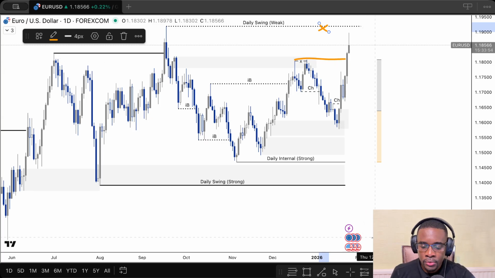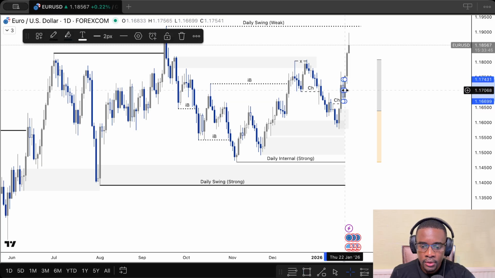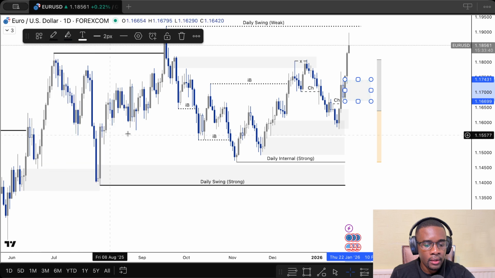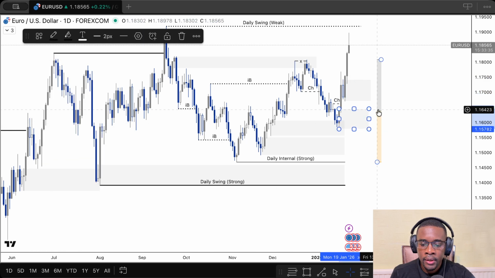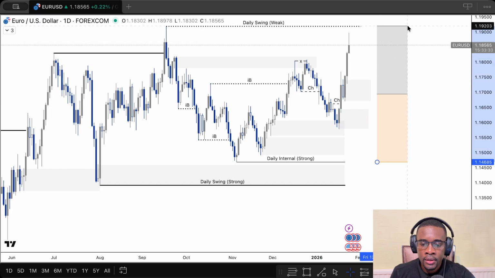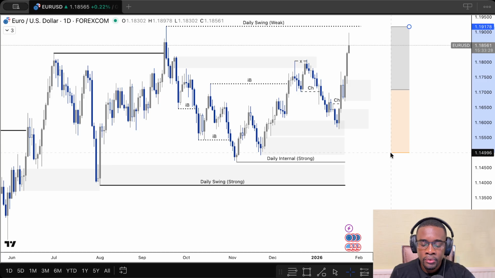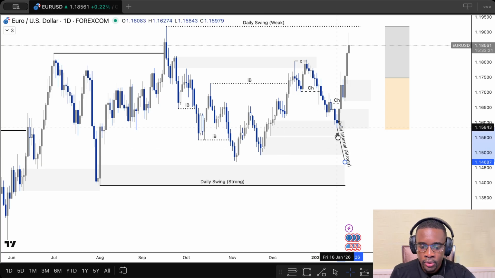What that means is we have a daily area here, and then we have another daily area right there, and this is now the range we are working in. The internal has shifted after that break.